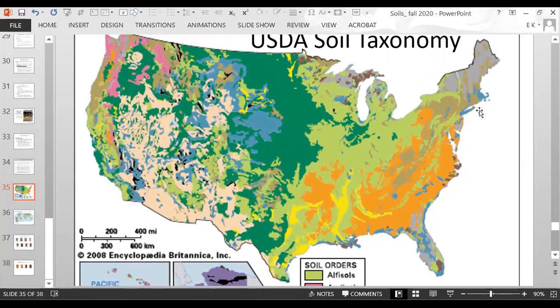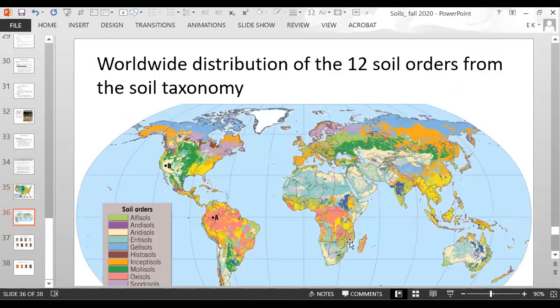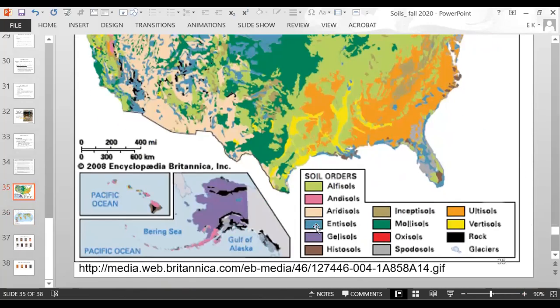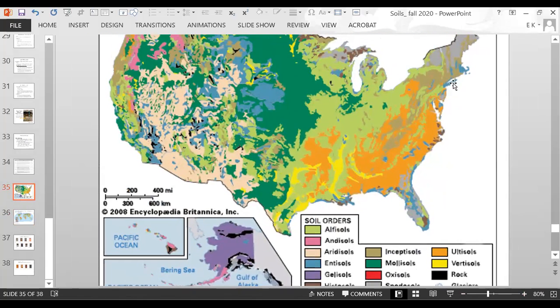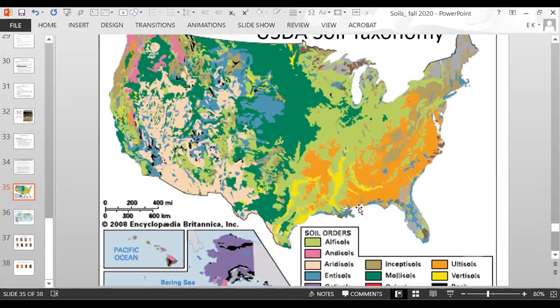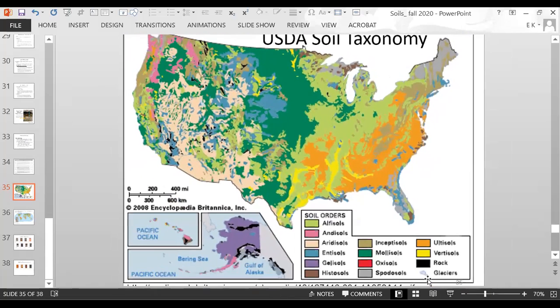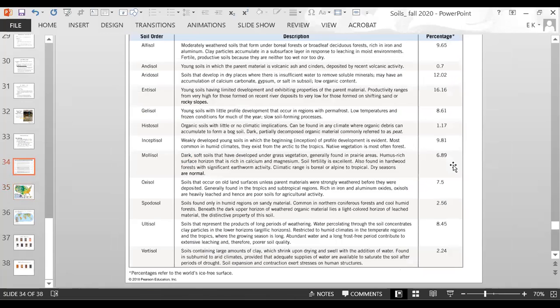And if we're going by Queens, Queens is part of Long Island. And if you look at the color there, it's blue. And blue is entisols, right?